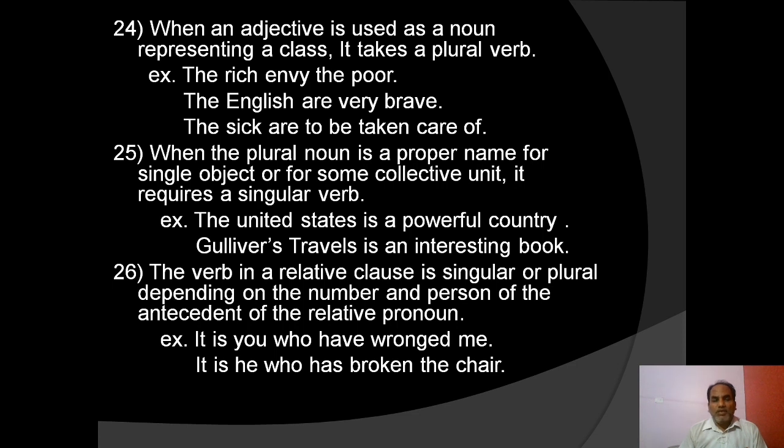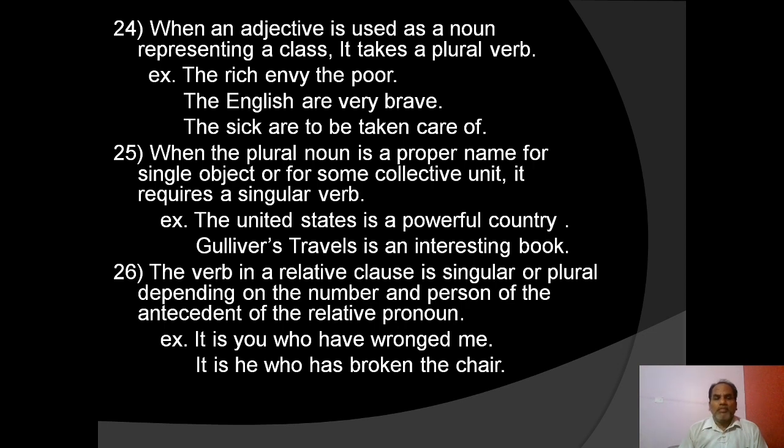Here United States is plural in form, but it is a proper noun. So when the plural noun is a proper name for a single object or collective unit, it requires a singular verb.